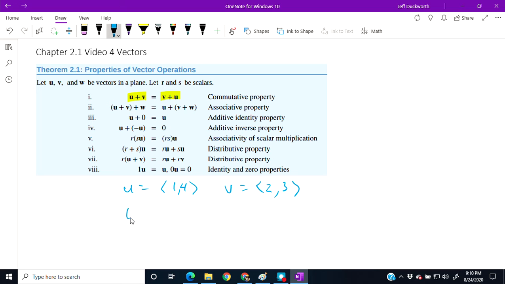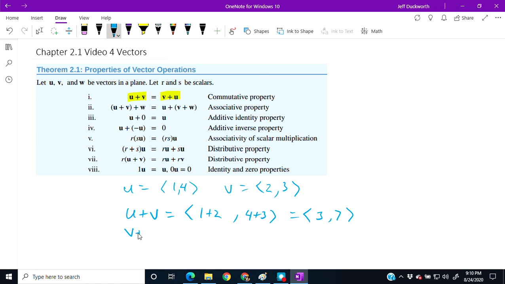Well, u plus v is equal to 1 plus 2. Those are my x values. And then my y values are 4 plus 3. So this equals 3, 7.